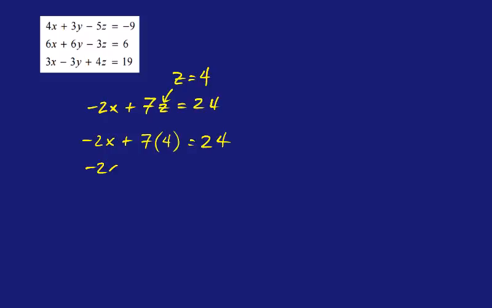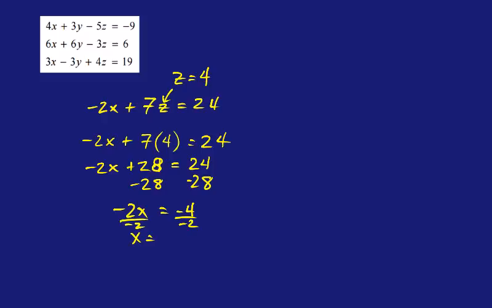So then negative 2x plus 28 equals 24, and then we'd subtract 28. So now we have negative 2x equals negative 4, and when we divide by negative 2 on both sides, x equals 2.